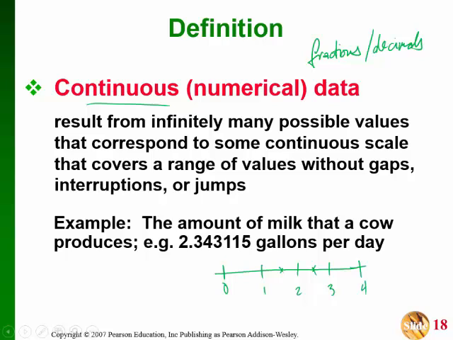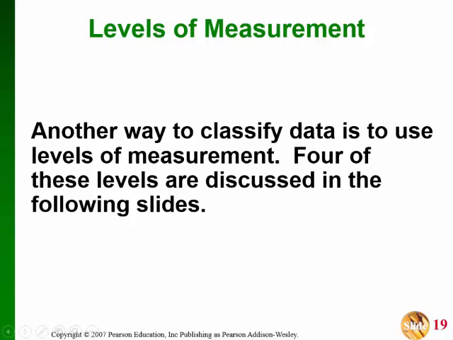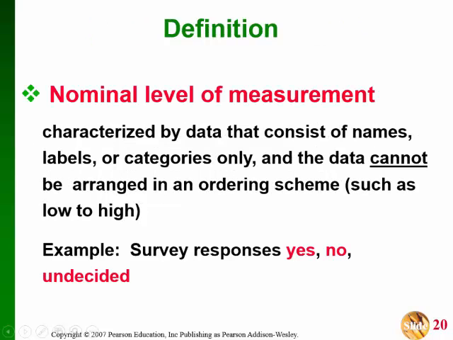And just to make things more confusing, we have the discrete and continuous as two. You can separate the quantitative data into these two categories, but now you can break it down even more in a more refined way. And they call them a level of measurement.